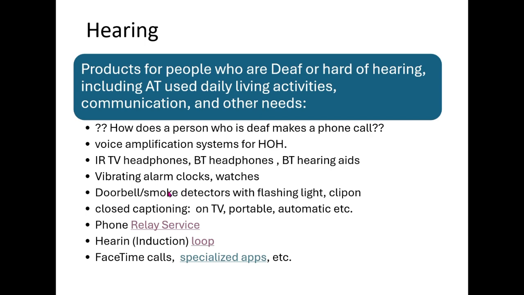Same thing applies to doorbells and smoke detectors with flashing lights. For example, you can get a doorbell where, instead of ringing, the light in the room will go on and off. If a visitor comes in and rings the doorbell, the client can't hear it, but they will see the light in the living room flash.